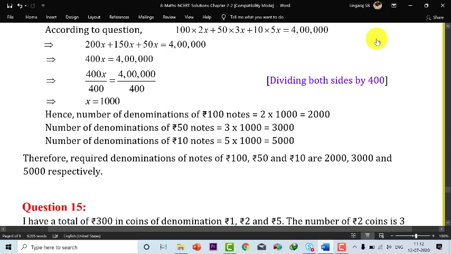So the required number of notes of 100, 50 and 10 are 2000, 3000 and 5000 respectively.